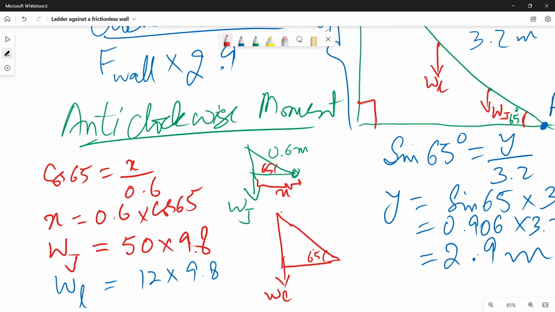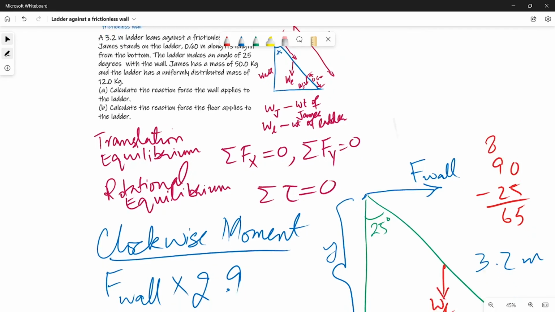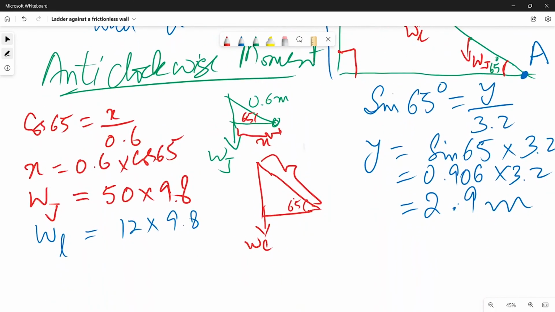And this distance that is given in the question, if we go back to the question, it's uniformly distributed, so it is half of 3.2. So half of 3.2, that is 1.6.